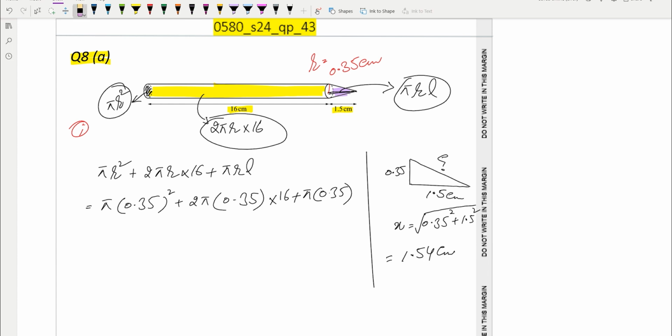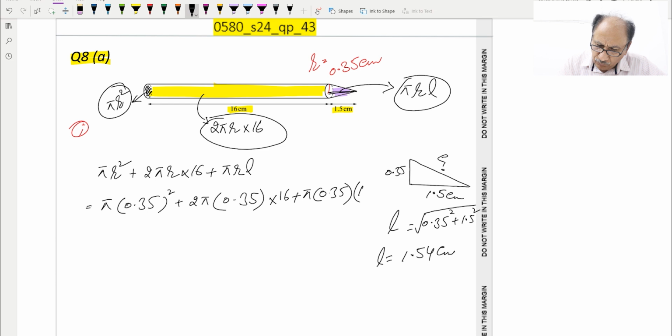So I will write l here so it is not confusing for you. This l value we can replace over here, so l is 1.54.